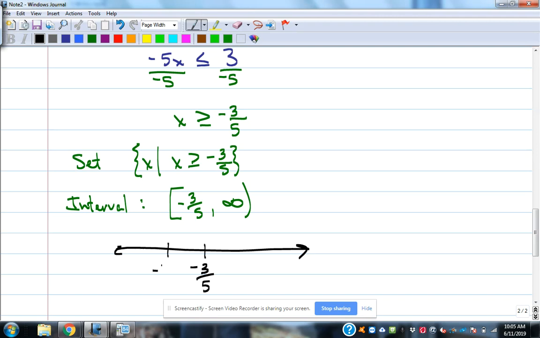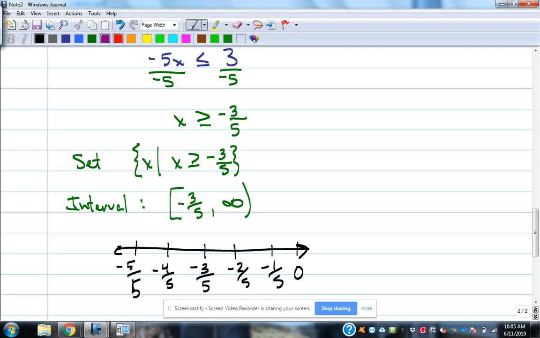So when you go left, it'll be negative 4/5, negative 5/5, or negative 1. This would be negative 2/5, negative 1/5, 0. So put the one you need in the middle, and then just change the numerator. Don't change the denominator. Makes it a lot easier to do.